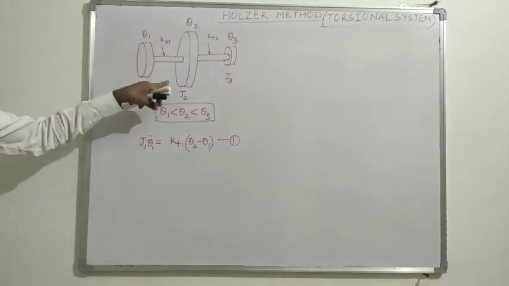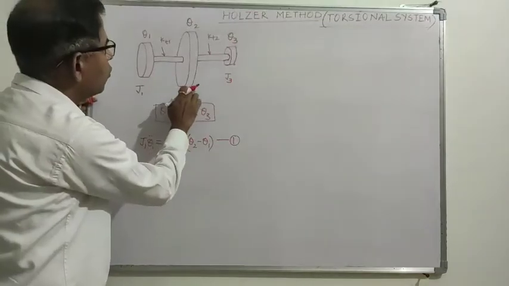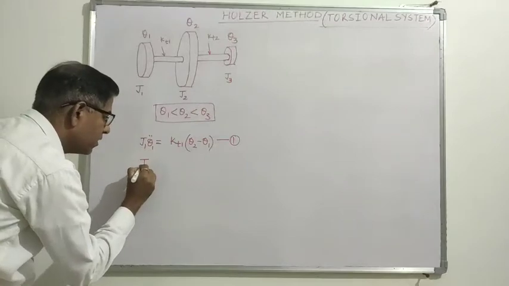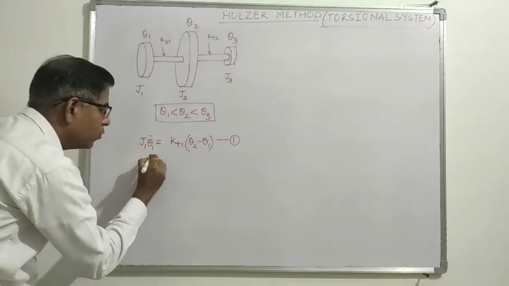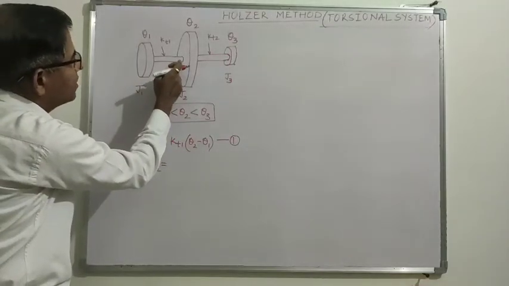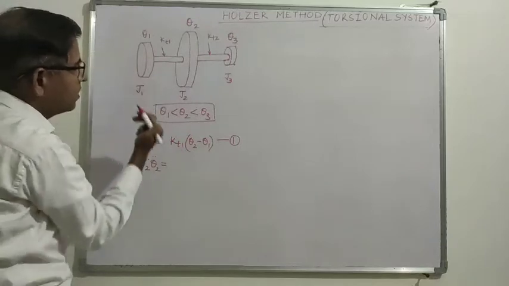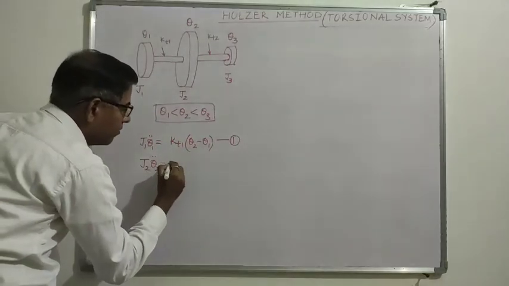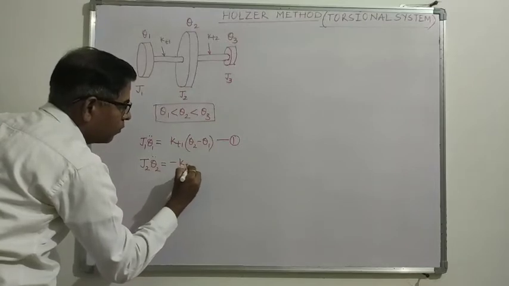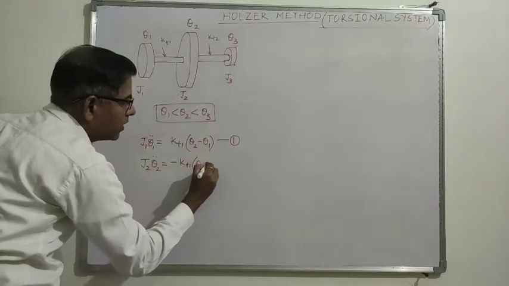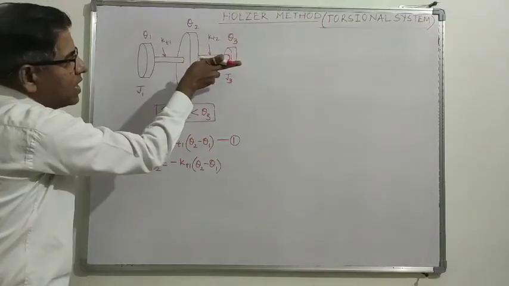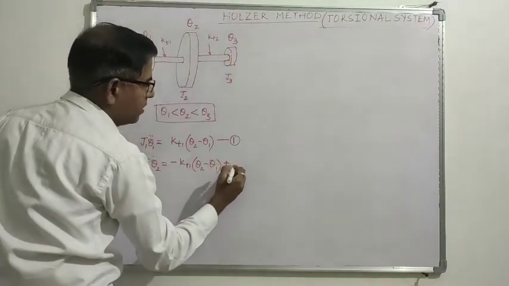Similarly, if you find the equation of motion of rotor 2, then this is J2 theta 2 double dot is equal to. Now here this stiffness force will act in this direction, so it will be minus KT1 (theta 2 minus theta 1), and one force will act in this direction, so it will be plus sign.